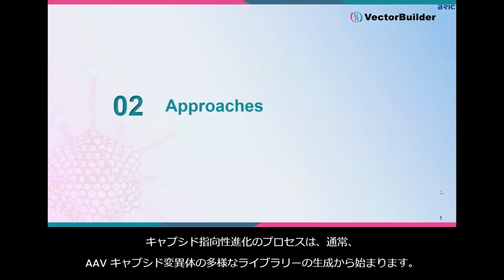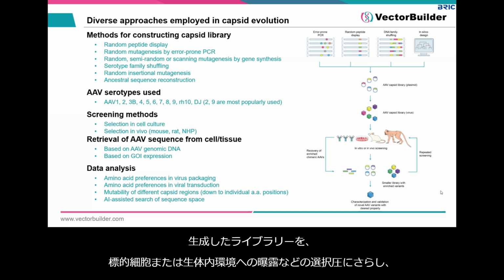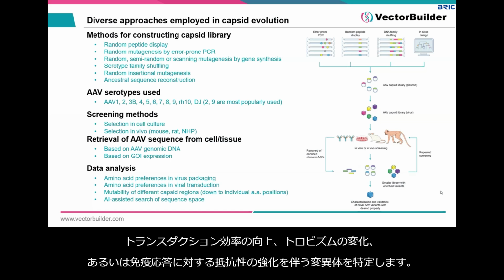This process typically begins with the generation of a diverse library of AAV capsid variants. This library is then subjected to selective pressure, such as exposure to target cells or in vivo environments, to identify variants with improved transduction efficiency, altered tropism, or enhanced resistance to immune response.